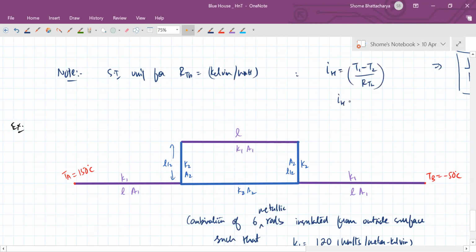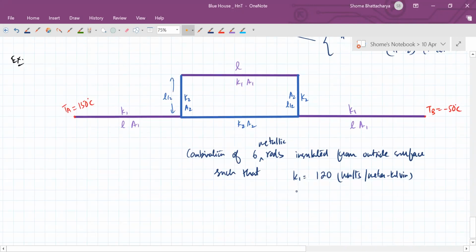So here heat current is in watts and temperature difference in SI unit is in kelvins. So that's how we get thermal resistance in Kelvin per watt. Okay.